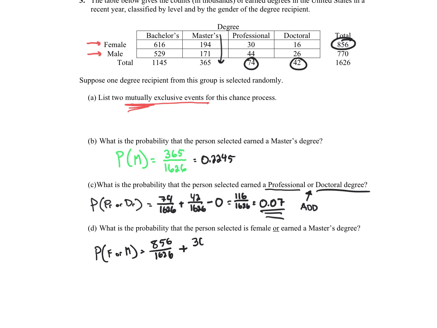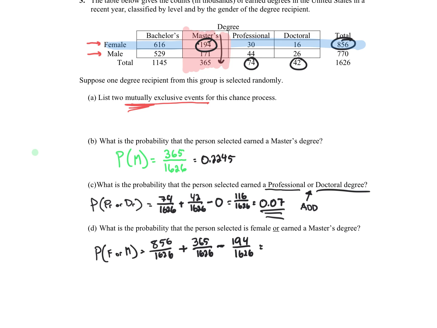That's 365 out of the 1626. Now, I got to subtract off any overlap. Did I double count any of these people? Well, here's what you do. Female, masters. Do you see any overlap? I sure do. These 194. So subtract 194 of 1626. And that's going to give us our answer.